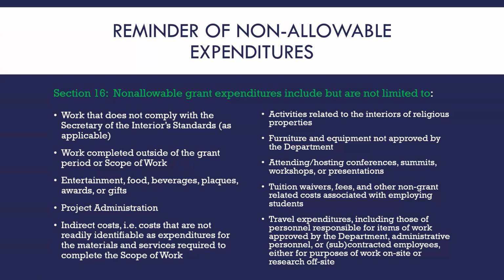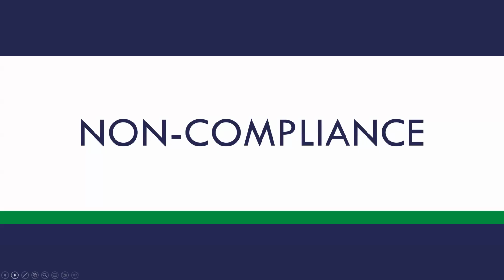You can't pay for food or beverages, awards. This grant does not cover project administration, indirect costs that are not readily identifiable as expenditures for materials and services related to the scope of work. Furniture and equipment that is not approved by the department. It doesn't cover conferences, tuition waivers, travel, etc. So it really should be the construction costs related to your project.